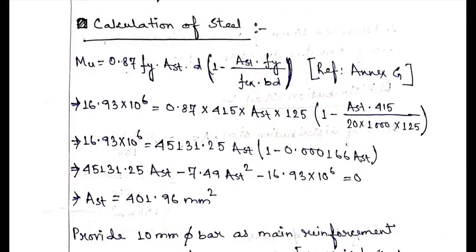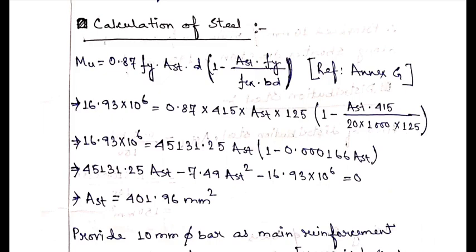Now the next step is calculation of steel. For calculation of steel, we have to use the formula for Mu from Annex G of IS 456 2000, and the formula is Mu is equal to 0.87 Fy into Ast into d, within bracket 1 minus Ast into Fy by Fck into b into d, bracket close. If we put all the values except the area of steel, then we will get the area of steel, that is Ast.